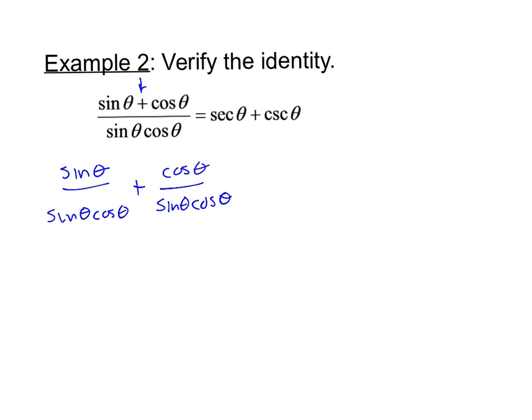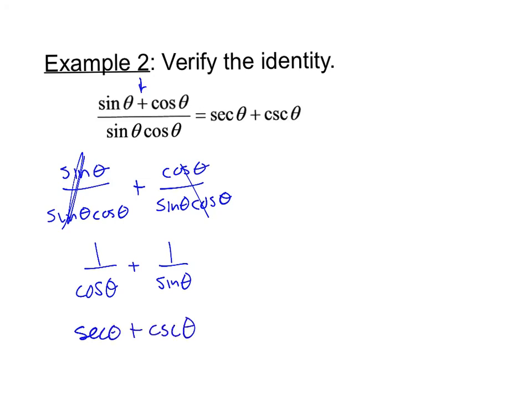And it's kind of interesting what happens when you look at that, because what you want to have happen actually does happen. These two cancel out, and I'm left with 1 over cosine of theta. Cosines cancel out, I'm left with 1 over sine theta, which is secant plus cosecant, which is exactly what I want. So all I did was split my fraction, and I'm there.